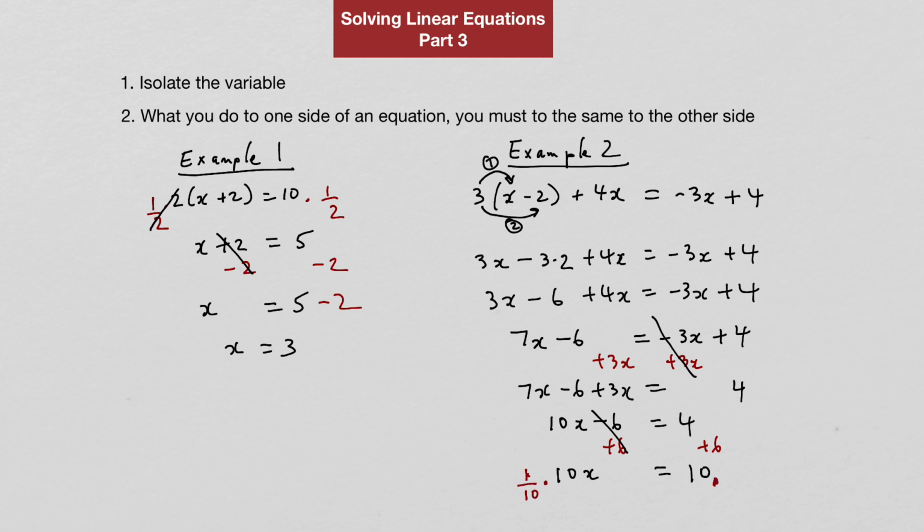We do that to both sides, and what happens is these cancel out, and we're left with just x is equal to, and 10 times 1 over 10 is equal to 1. And that is our final answer.